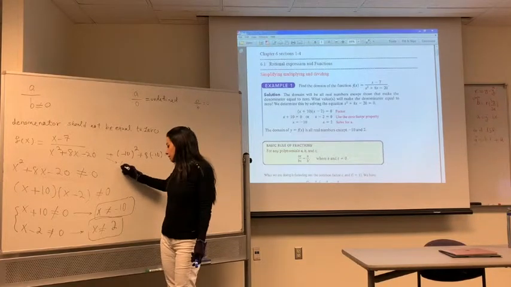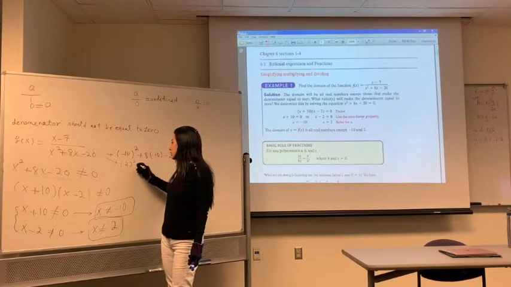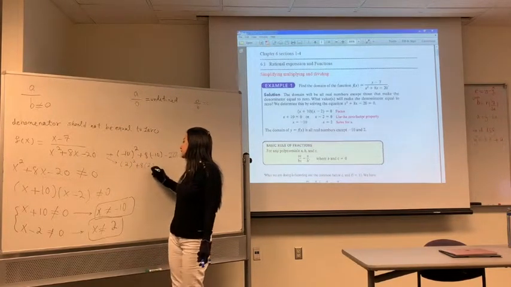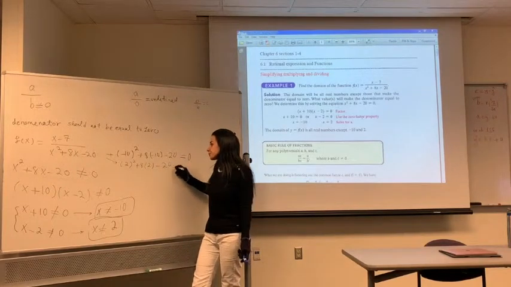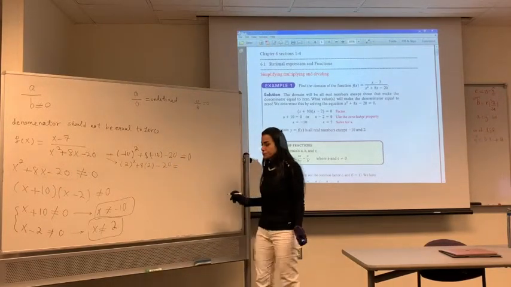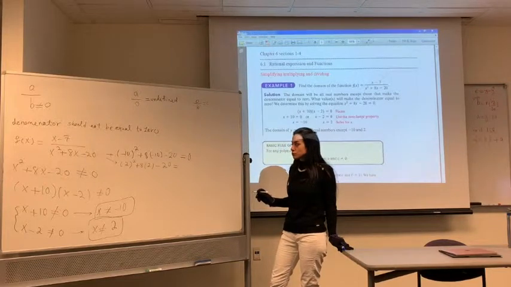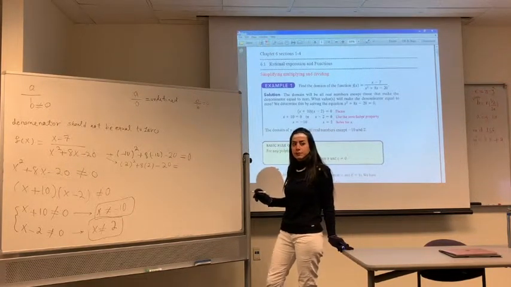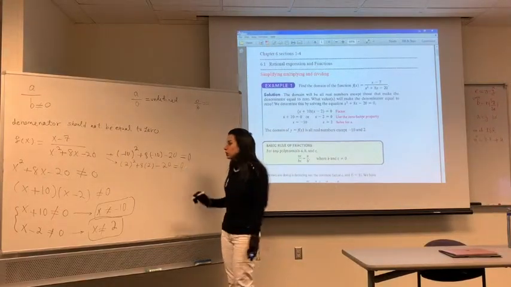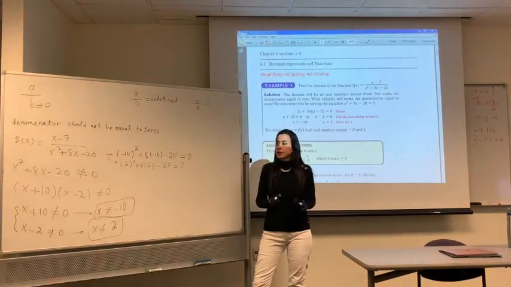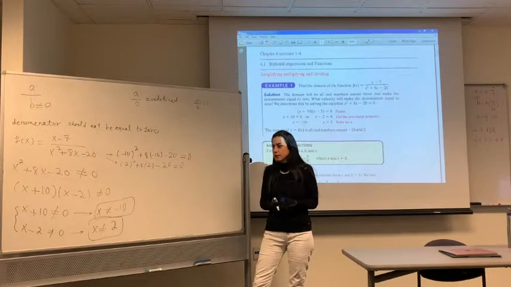And then let's put 2 also to see what happens. So what's the answer? 0. So for both negative 10 and 2, the denominator becomes 0, so we don't want them, right?